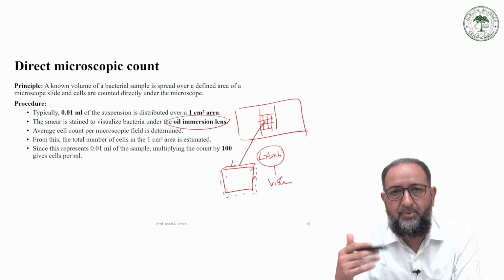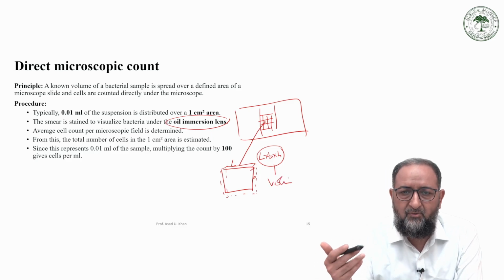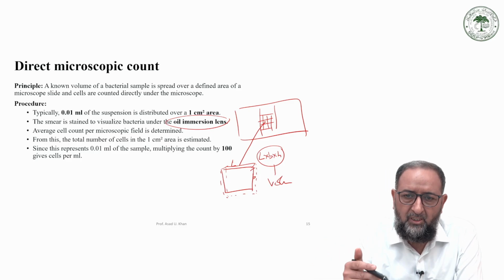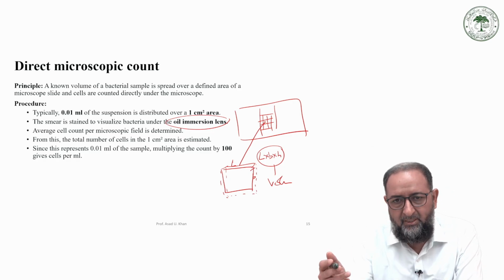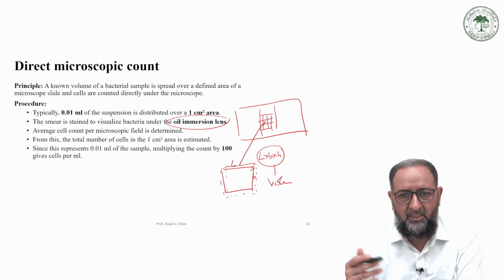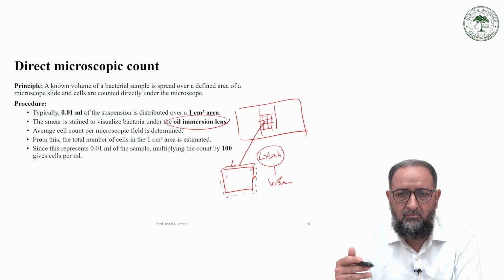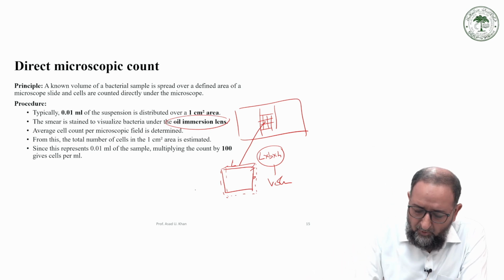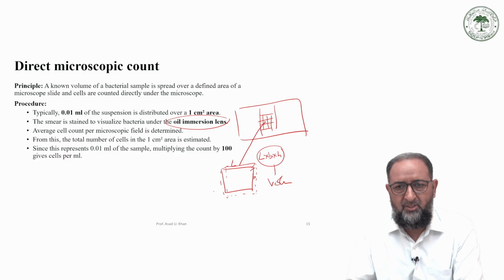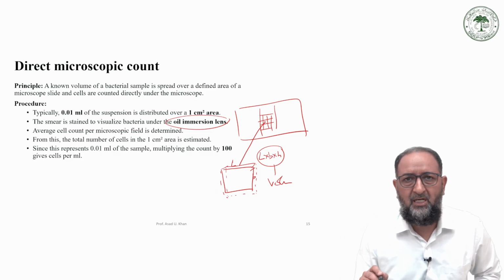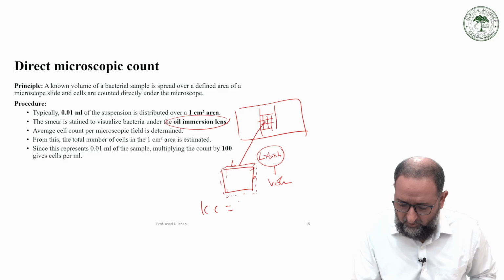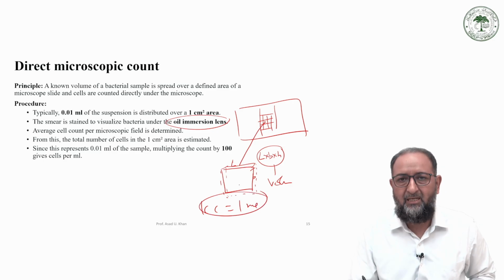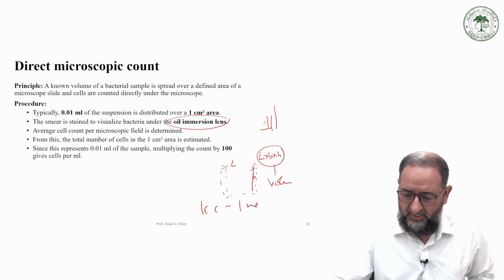How many cells are present in one chamber gives the number of cells in that volume. Accordingly, you multiply with the factor, converting from millimeter to centimeter, multiplying by thousands, since it is volume, the cube of it. So the total number of cells can be calculated back for 1 cc or 1 ml. So this is how you can calculate the total number of cells.